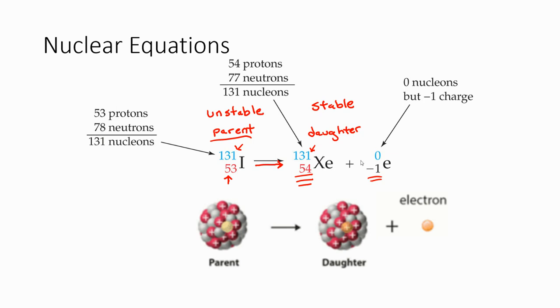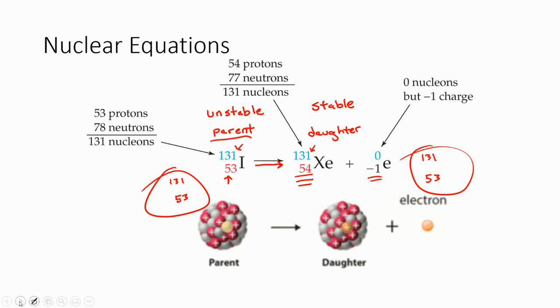So think of it this way. On the left side, I have an atomic number of 53 and a mass number of 131. On the right side, if I put 54 and -1 together, I have 53. If I put 131 and 0 together, I have 131. So there has to be balance between the right side and the left side. And that's how you're going to know if you're doing things right when you're trying to balance a nuclear equation.